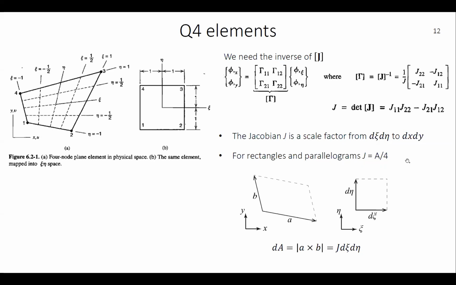For other geometries, the Jacobian has other values. So this is the basic concept. It's written in a relatively condensed form because if you expand it, it gets a little bit messy.